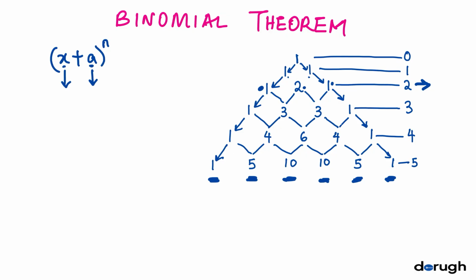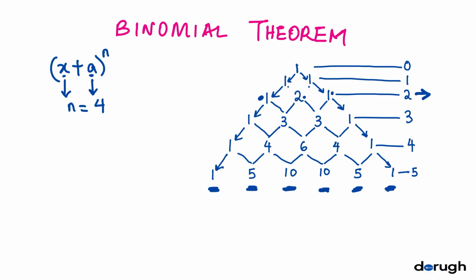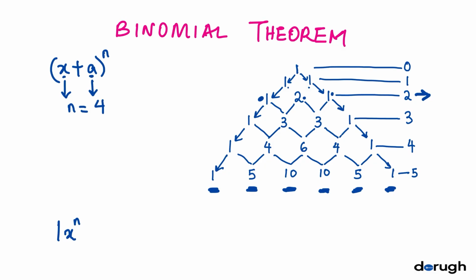Let's see it in action. So we're saying if n equals 4, we know that the coefficient of the first term in our answer is 1, so we write 1. The first term in our algebraic expression is x, so we write x. And then we maintain power n, and then a power 0.